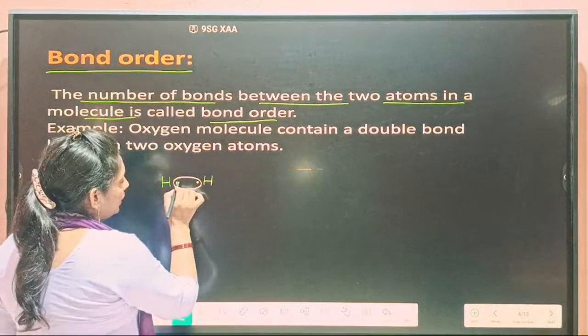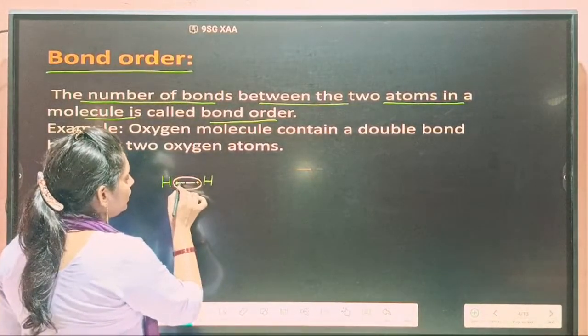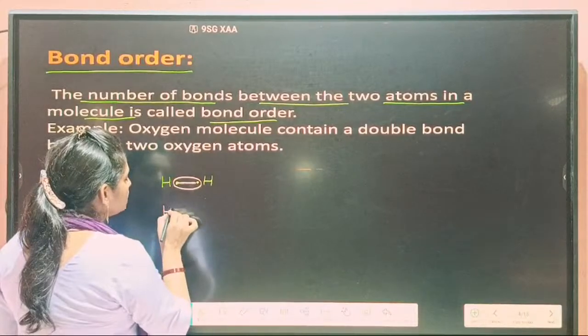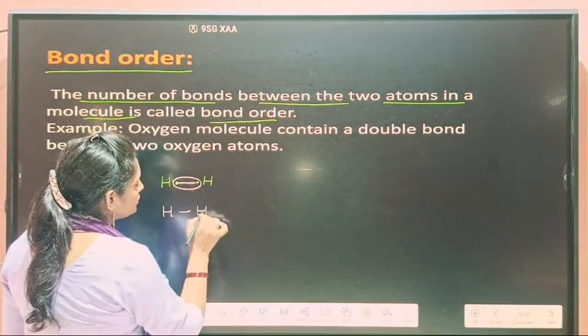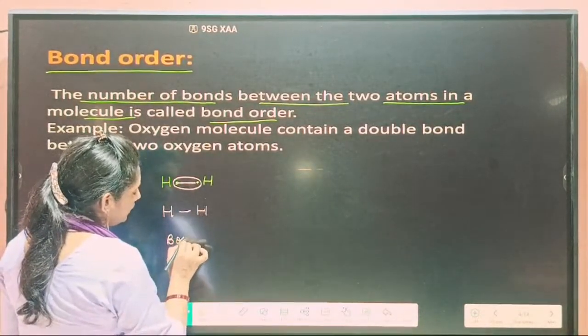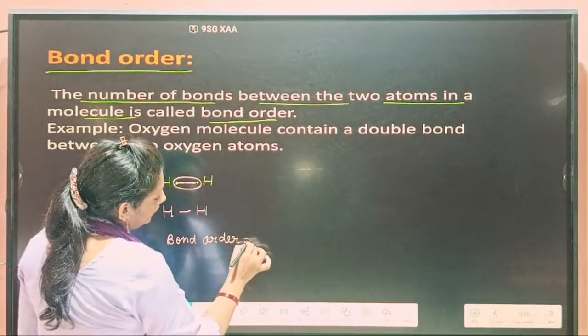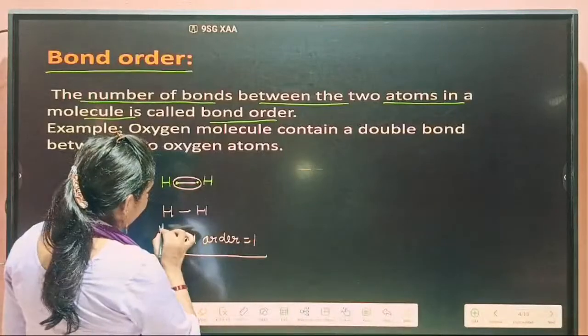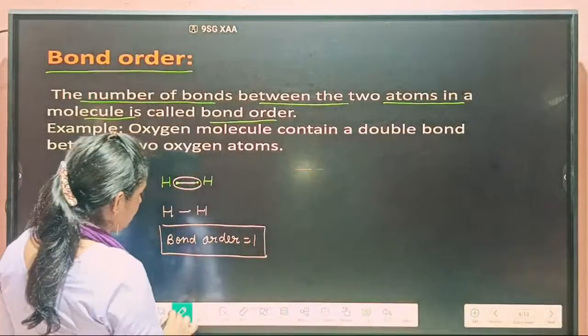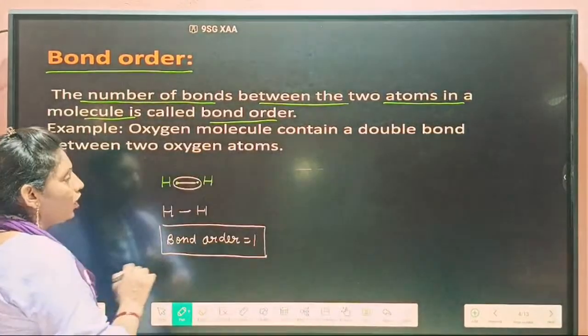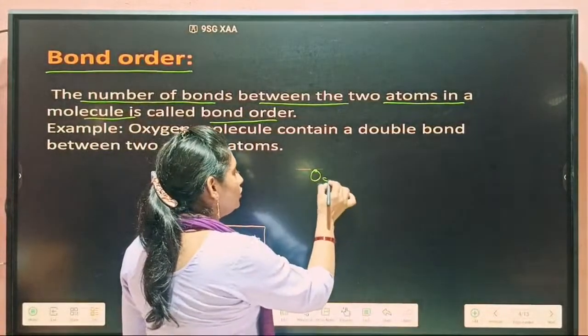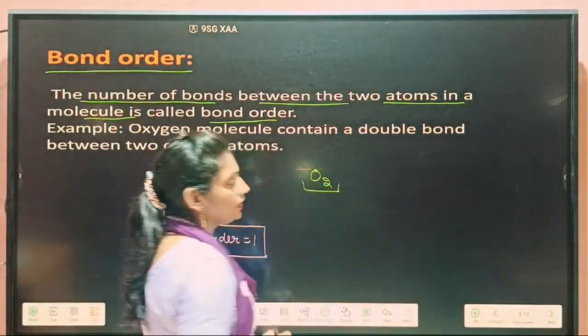Here they need to share only one electron, means they are forming a single bond only. So its bond order is 1.